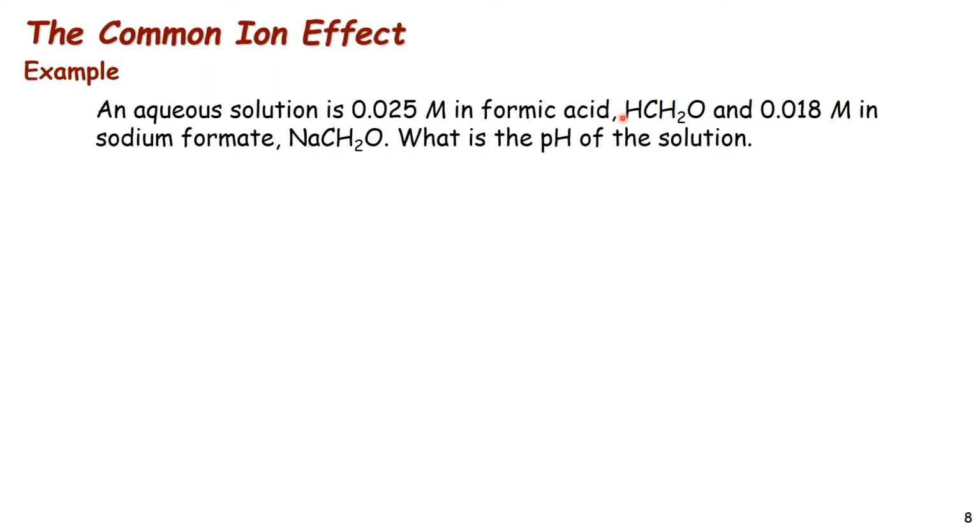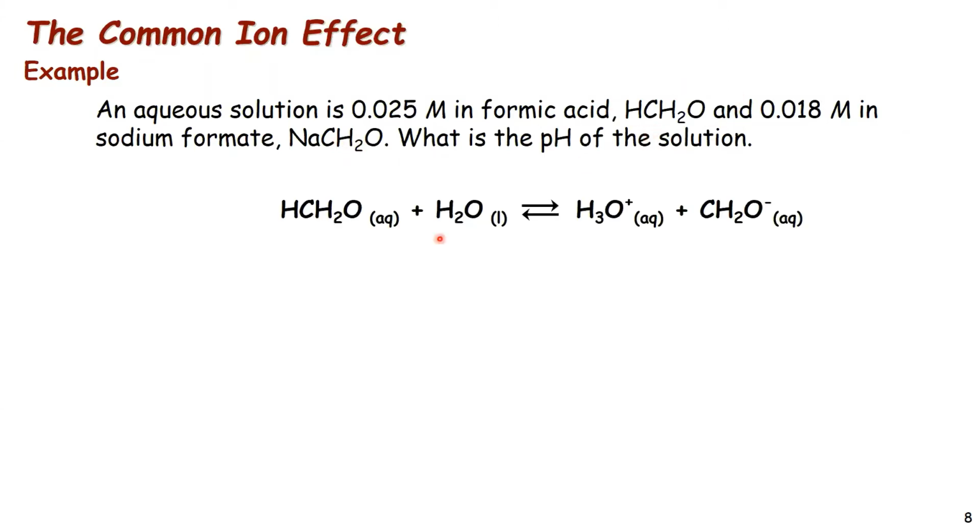This is a weak acid, therefore it's going to partially dissociate. This is a strong electrolyte, so it's going to completely dissociate. But somehow these two got to be related. Well, let's look at the dissociation of the weak acid, right? So there it is. There's our formic acid, transfers a proton to the water, forming the hydronium ion, and leaving behind the conjugate base, the formate ion, okay?